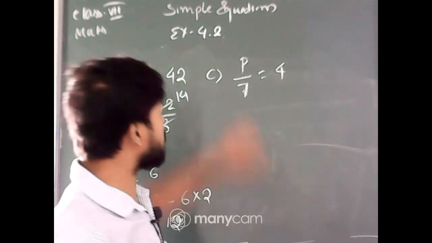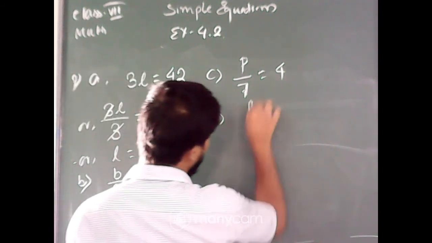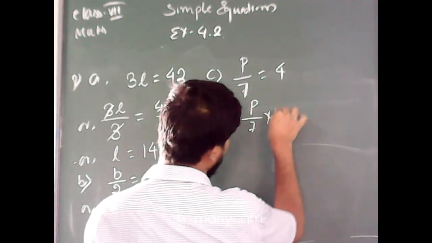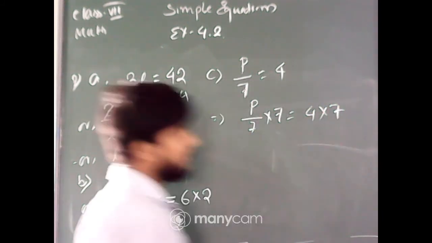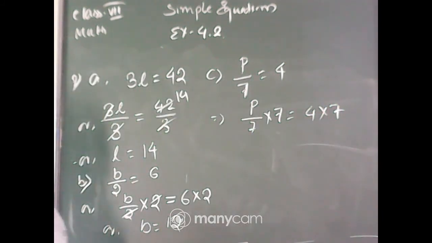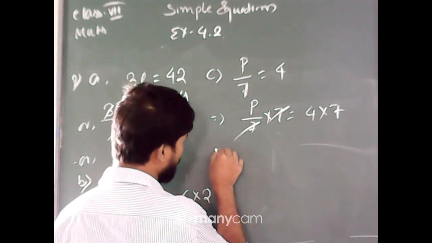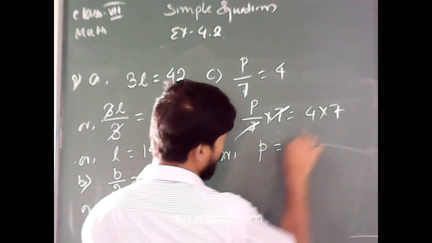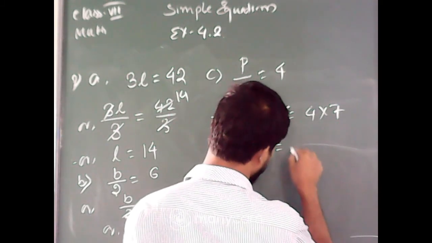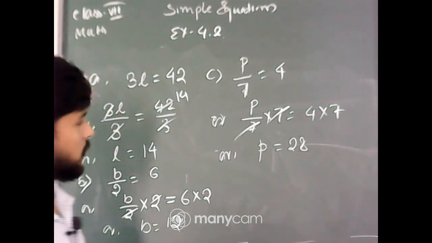So to remove this 7, we have to multiply both sides by 7. Within the bracket we will write that multiplying both sides by 7. So these two 7s will cancel each other, and the value of p will be 4 7s are 28. So 28 is the answer.